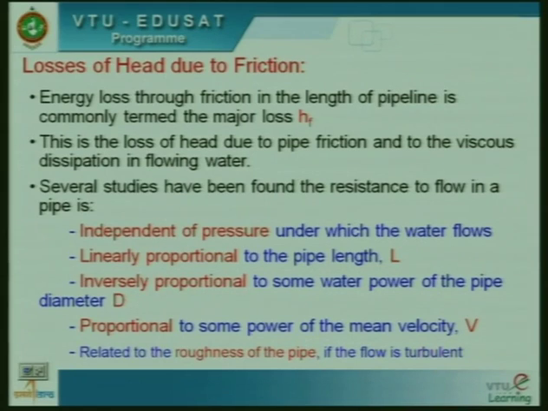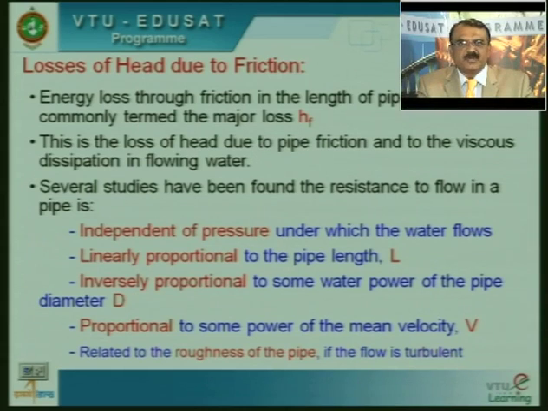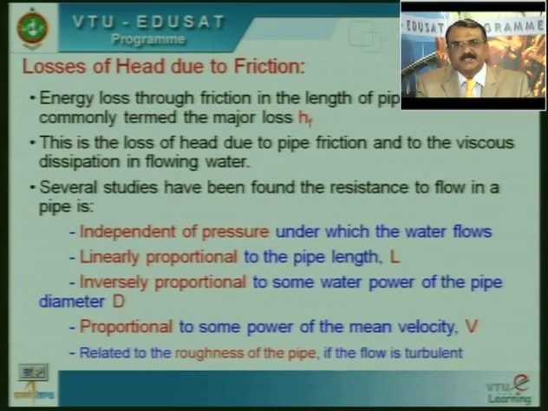Head loss due to friction. Energy lost through friction in the length of pipe is commonly termed as major loss. This is the loss of head due to pipe friction and to the viscous dissipation in flowing water. Now, several studies have found that the resistance to flow in a pipe has the following properties. This is very important, the same things I am going to talk about when I start deriving an equation for this major loss.